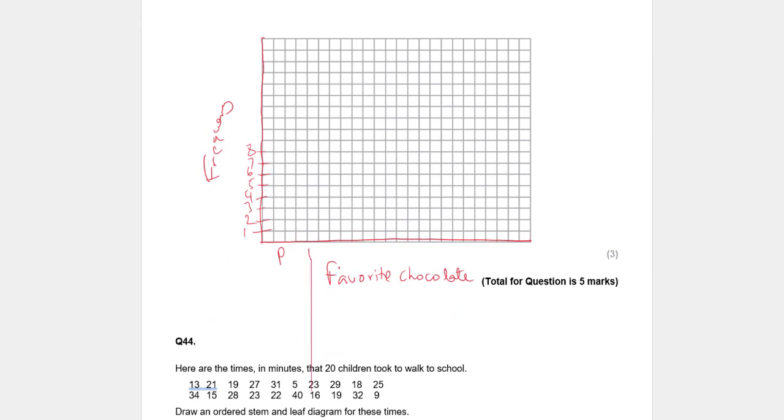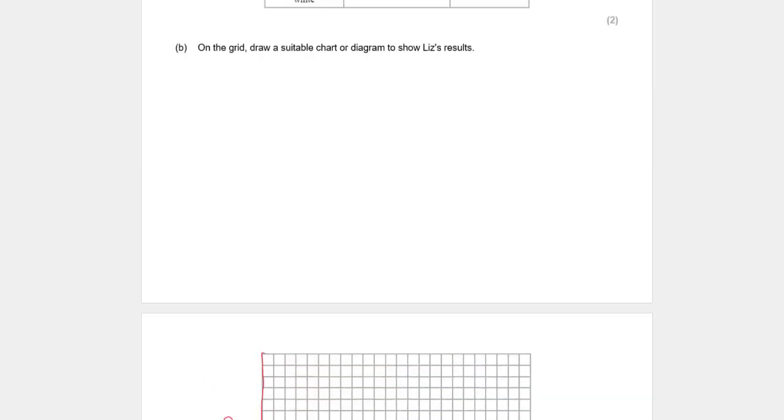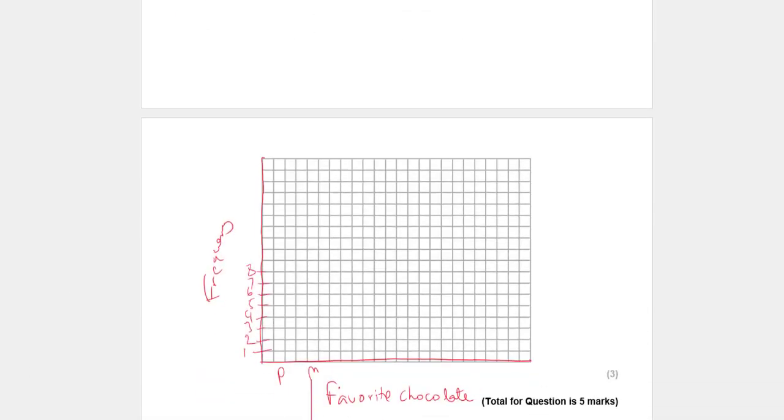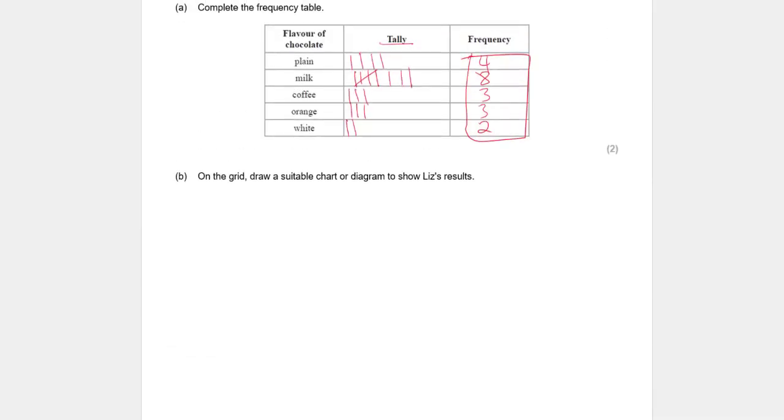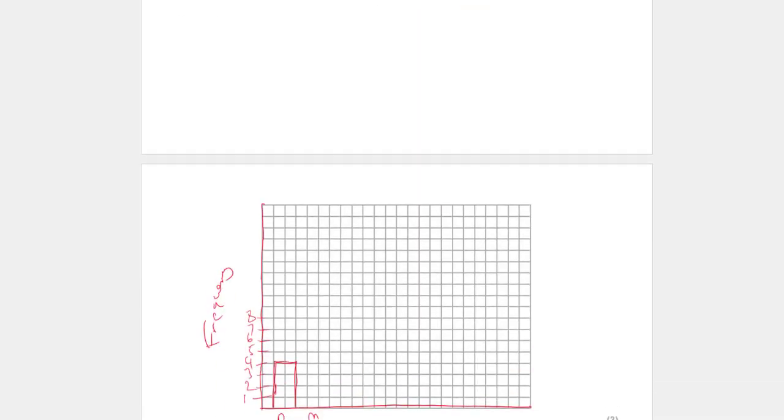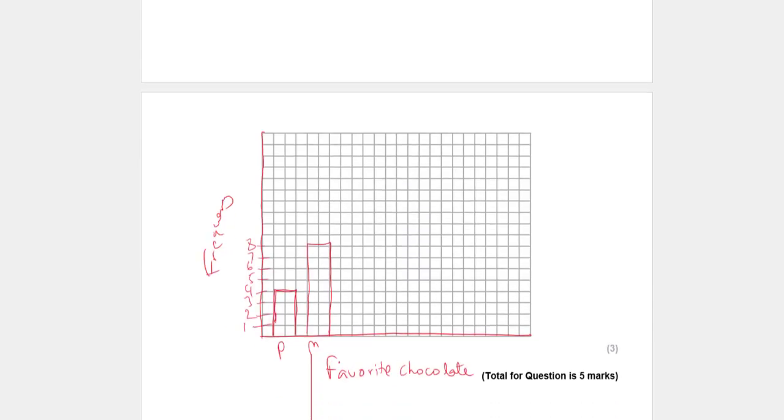Plain, 1, 2, milk. So plain, we have 4. So go up 4. The height of the bar is going to be 4. Let's do 2 bars across. And then milk, 8. And then we have coffee, 3.